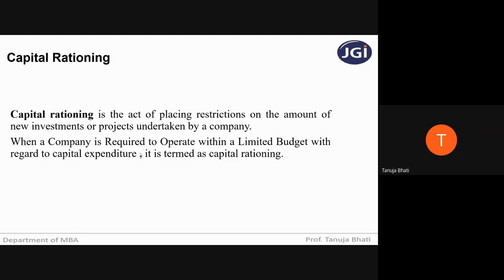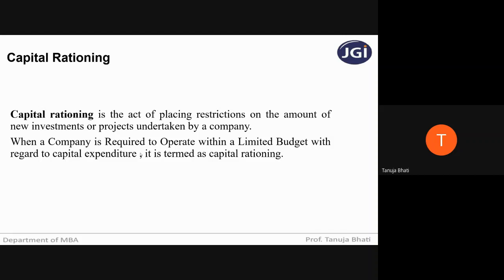So for that you have to place restrictions on your investments. The business cannot freely think that it can invest in any opportunities, any proposals, any new investments. Why?